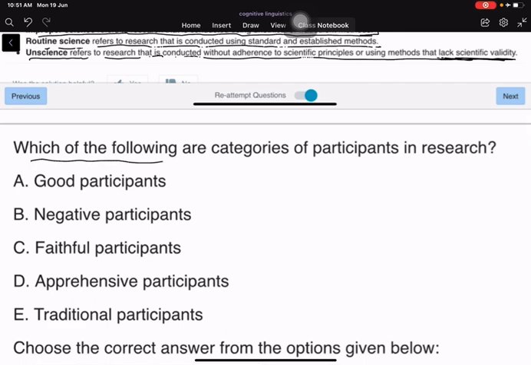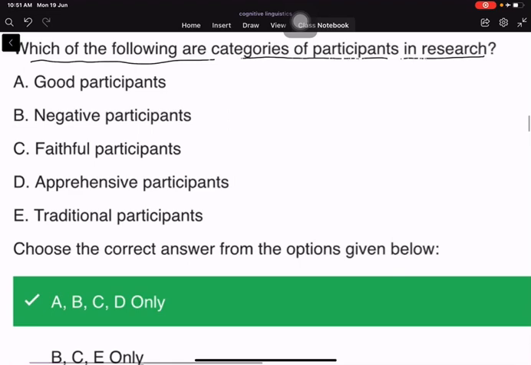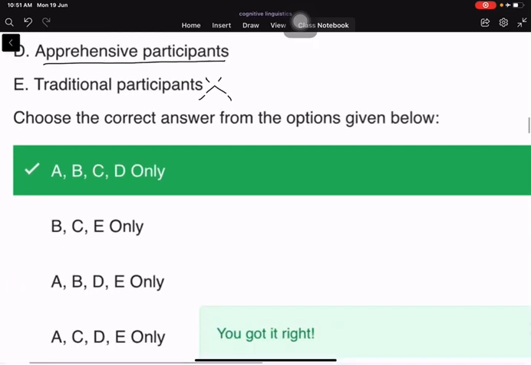Now, which of the following are categories of participants in research? So, good participants, negative participants, faithful participants, apprehensive participants, but not traditional participants.